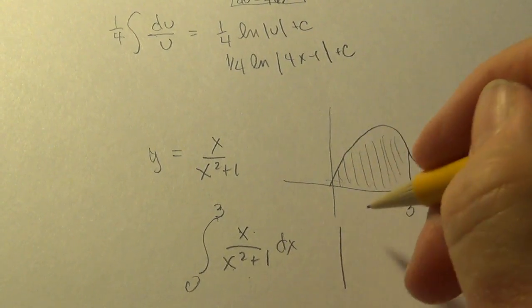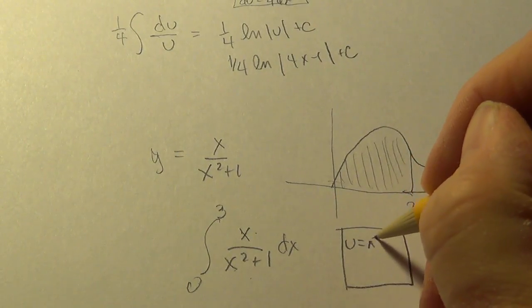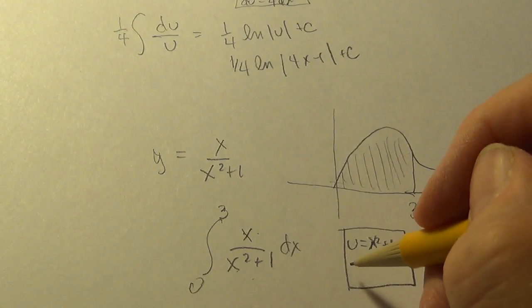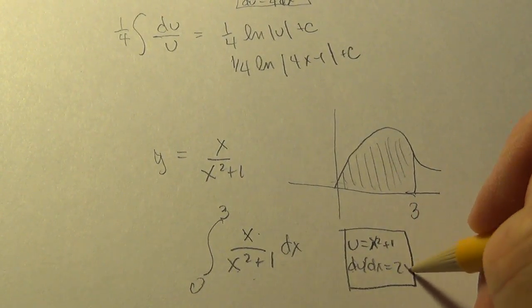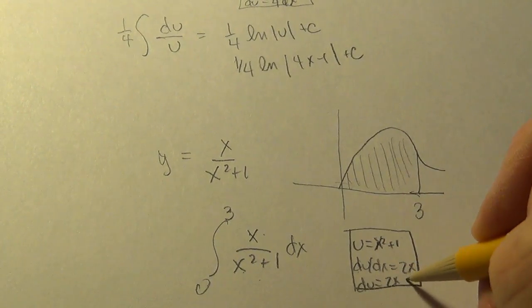So I'm going to go in that direction with my u box. I'm going to say u equals x squared plus 1, and then du dx equals 2x, and du equals 2x dx.